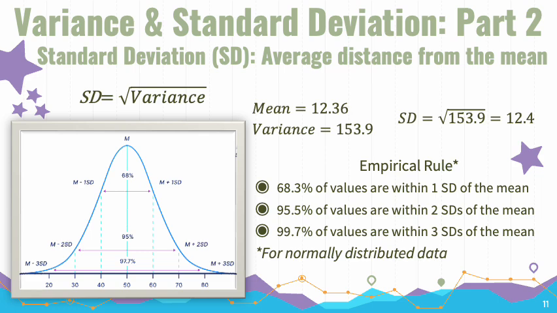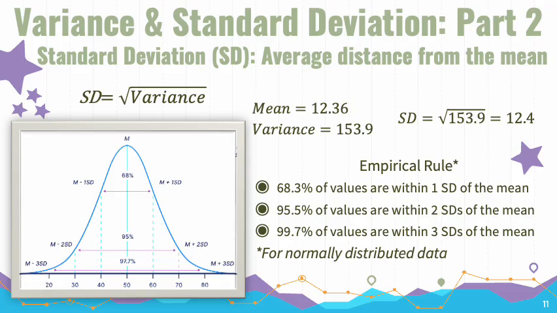95.5% of the data values should fall within 2 standard deviations of the mean, and 99.7% of values are within 3 standard deviations of the mean. Generally speaking, data results are considered statistically significant if they are further than 2 standard deviations from the mean.